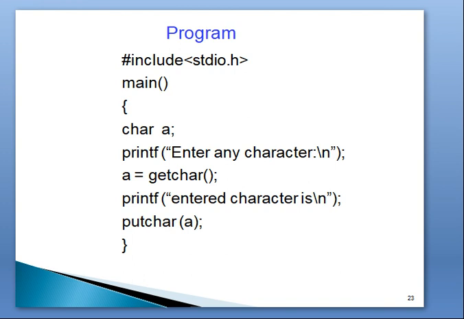In the next instruction, printf, within the double quotes, the control string, we wrote entered character is. The same unchanged text string is printed on the screen. Next instruction is putchar of a. The putchar function is used to print a character on the screen.